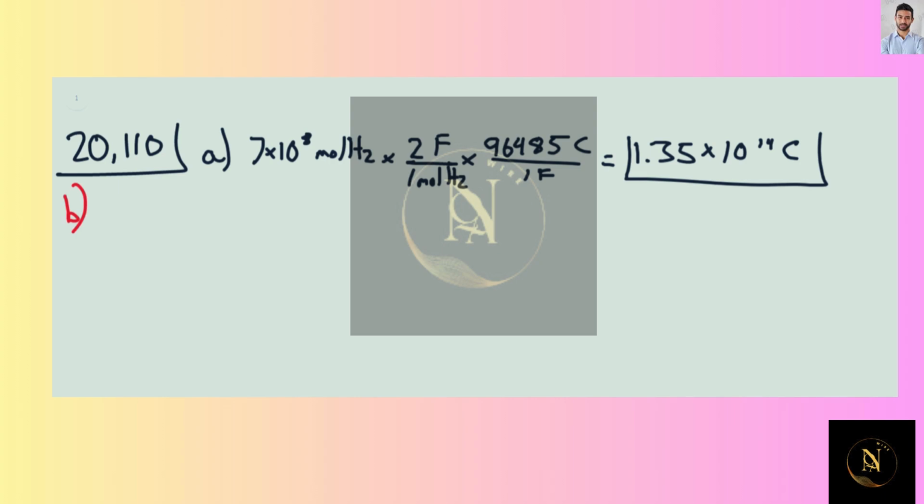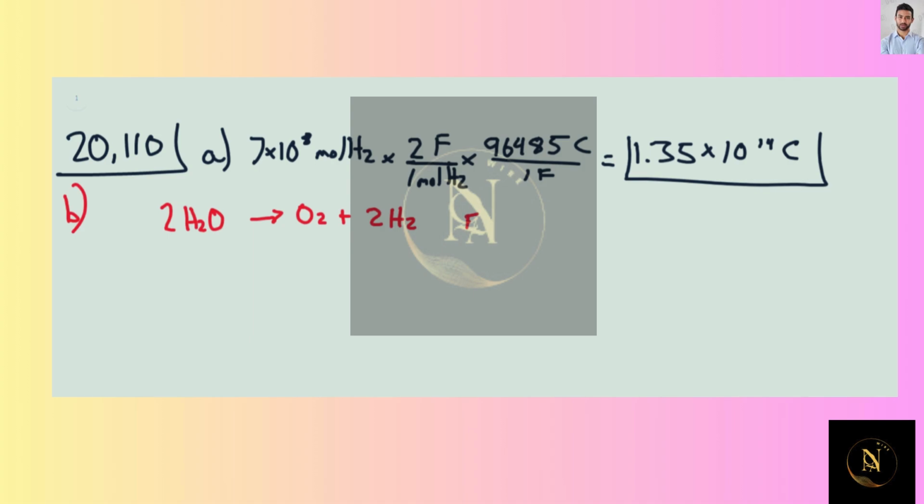In part B, they ask us what is the minimum voltage required to generate H2 and O2 if the pressure on the gases at the depth of the wreckage is 300 atmospheres. So now we have the reaction here of 2H2O producing O2 and 2H2.